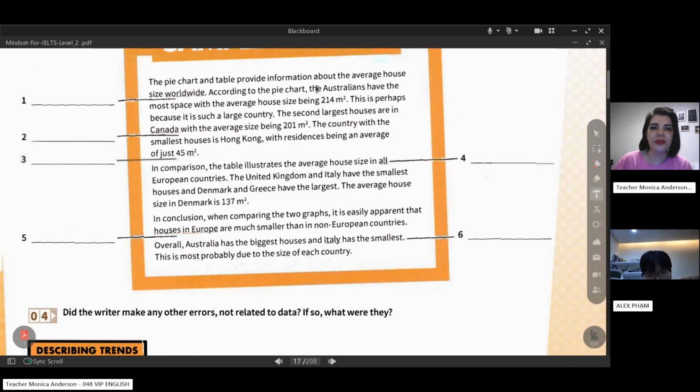The pie chart and table provide information about the average house size worldwide. According to the pie chart, the Australians have the most space, with the average house size being 214 square meters.